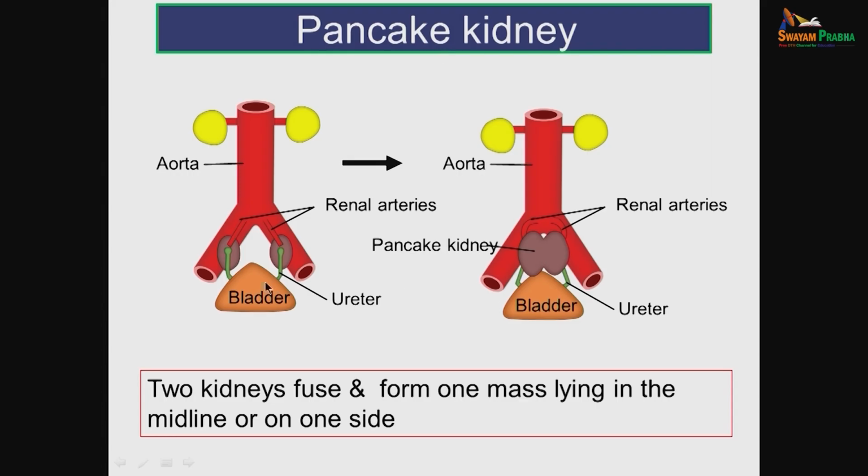If you look at this picture, the two kidneys are fused, not the inferior poles, but the whole kidney is fused to form one huge mass. It can lie either in the midline or to one side, right side or left side. Then it is called pancake kidney. It's an entire kidney which is fused.